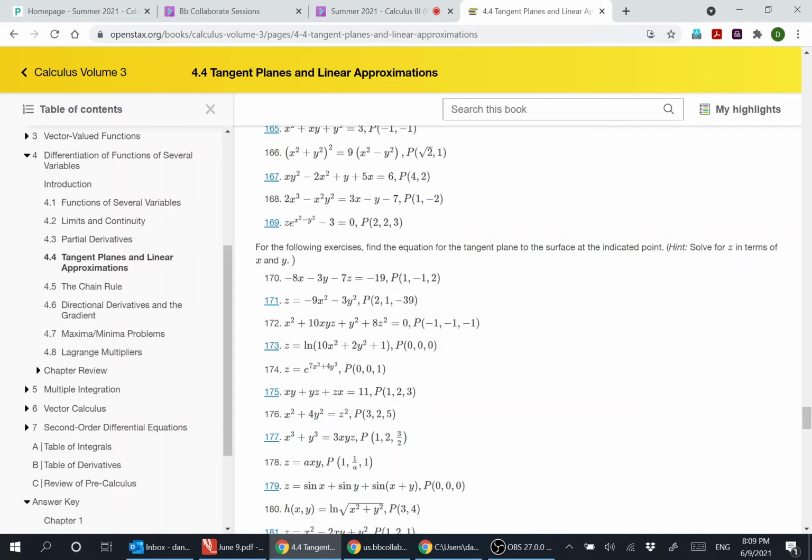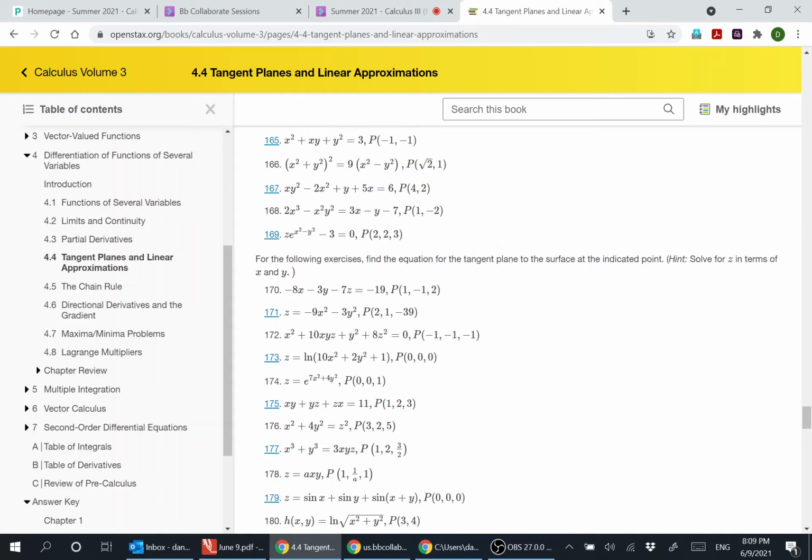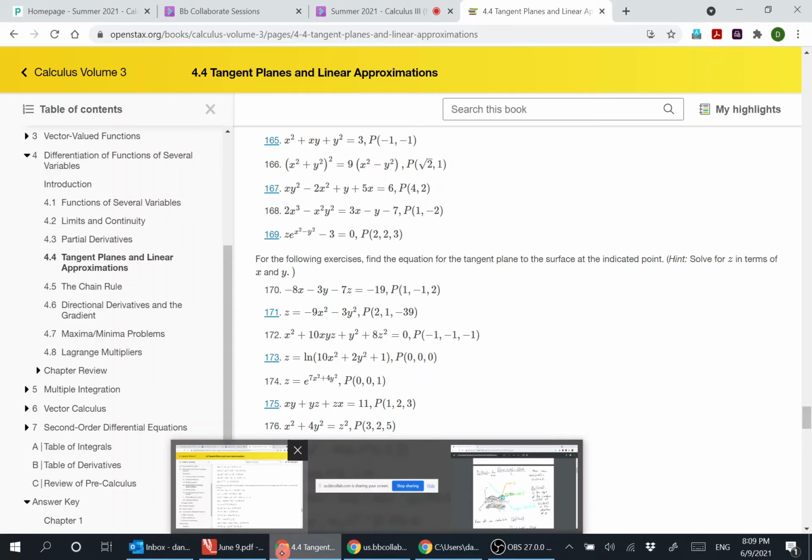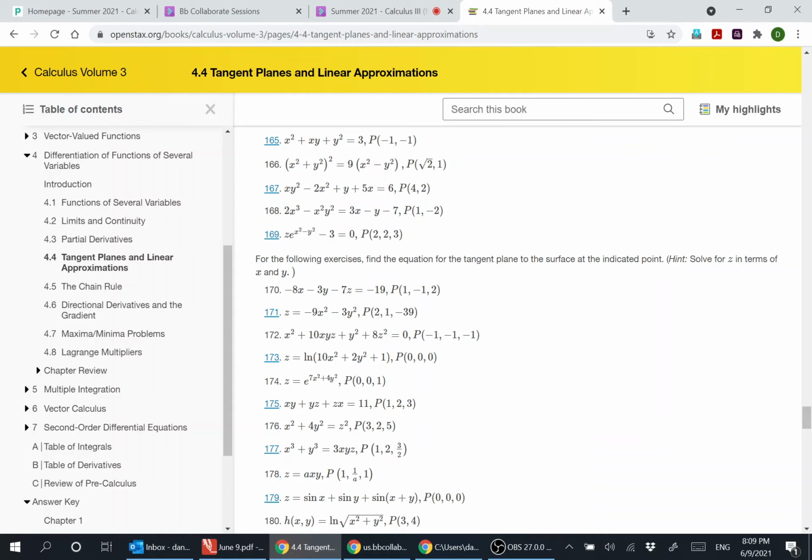But now we just call this surface here, defined by 3 variables, the level surface of a certain function, right? A certain function that equals 0 at the point -1, -1, -1. Because at -1, -1, -1, right, this is 1 plus 1 plus 8 minus 10 is equal to 0.